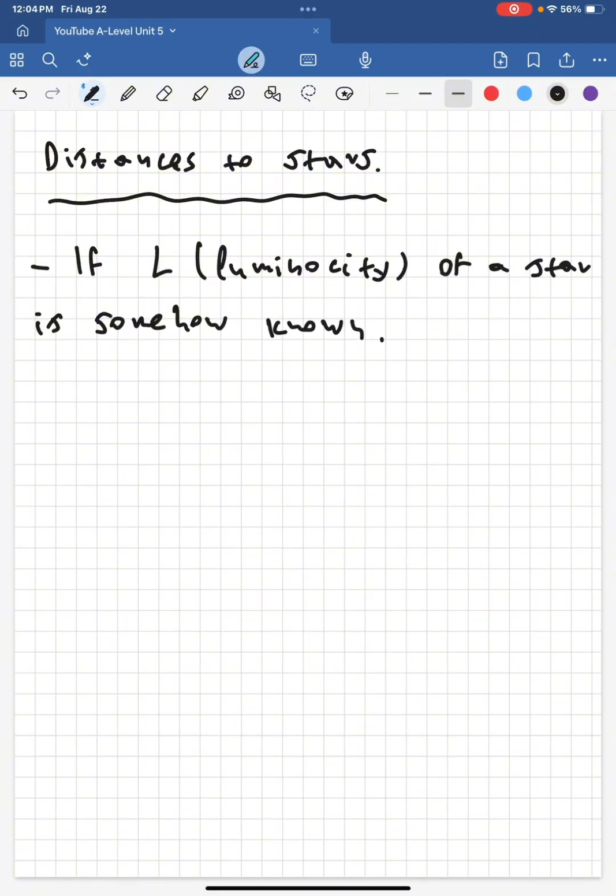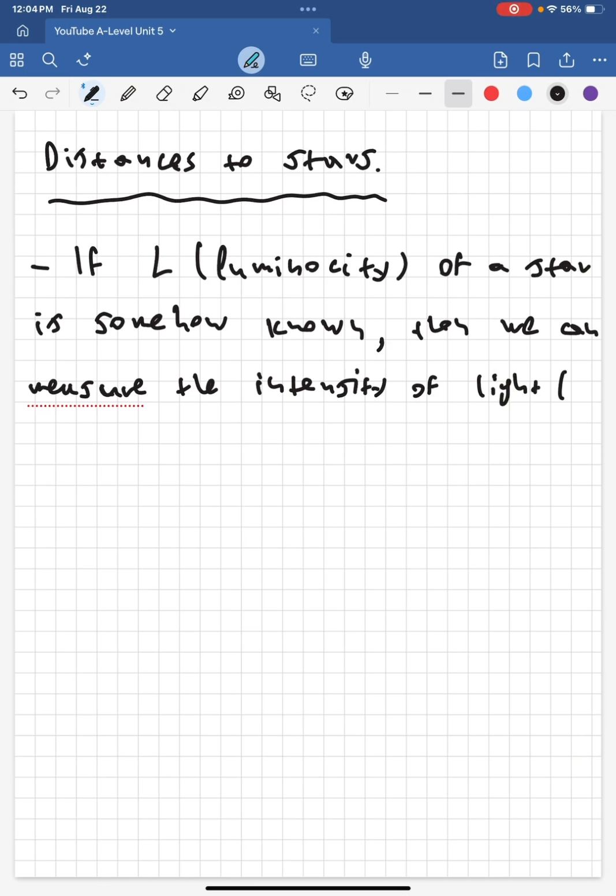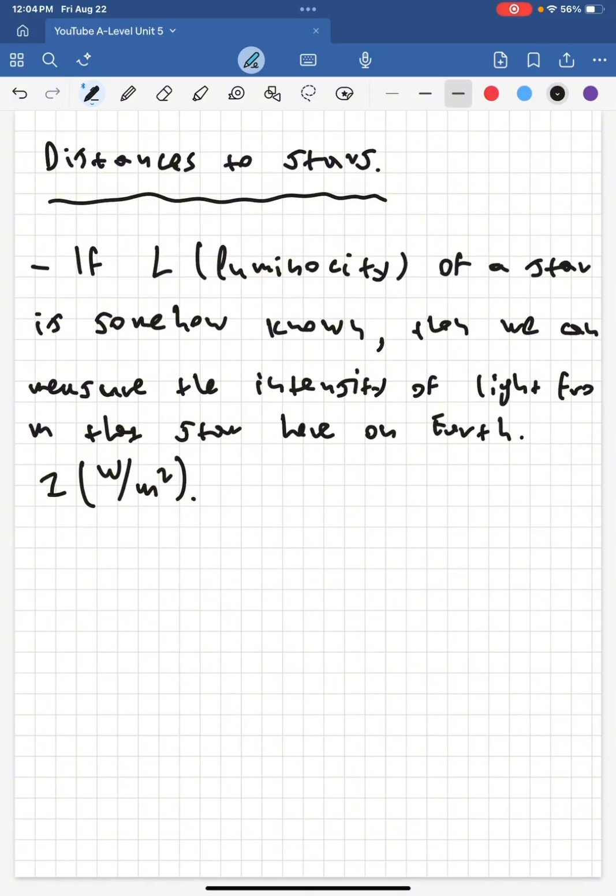Then we can measure the intensity of light from that star here on Earth. And I remind you that the intensity of radiation I is measured in watts per square meter. This is something we can measure.